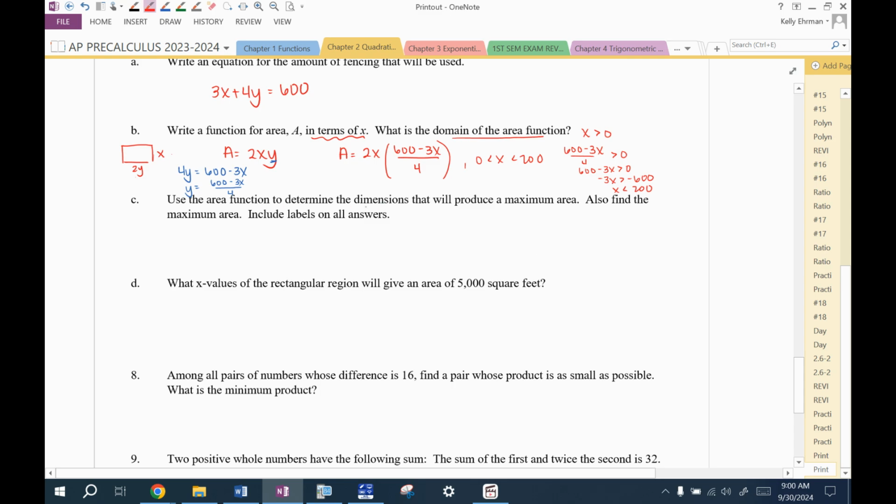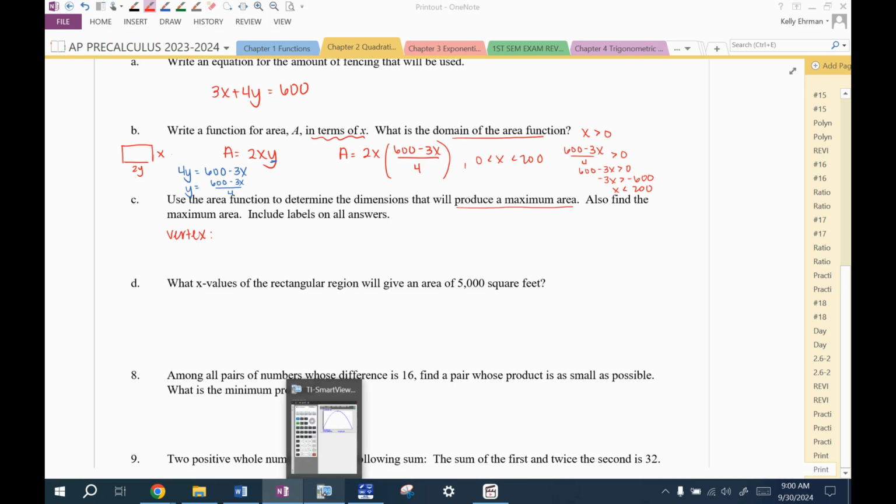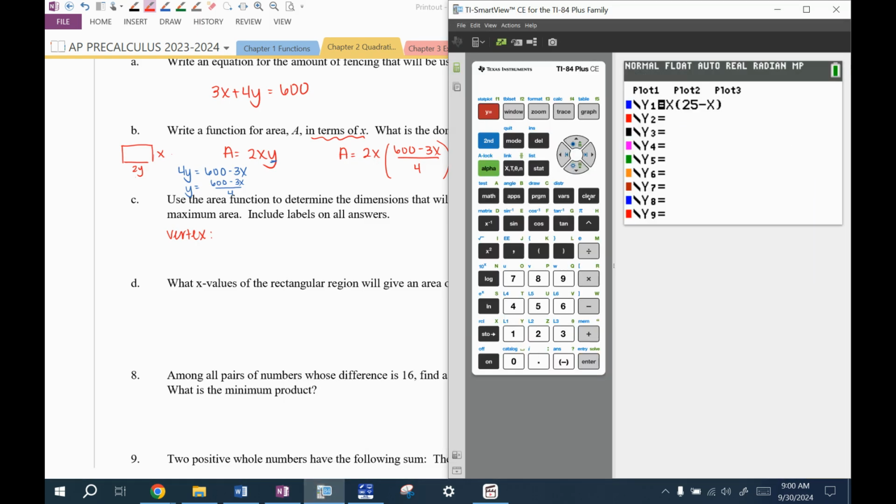Use the area function to determine the dimensions that will produce a maximum area. So find the vertex. Now, you could algebraically find the vertex, or it's probably faster, and you want to get comfortable with this anyway, it's probably faster just to use the calculator. So 2x times, now be careful how you type this in. You can use alpha y equals to get a fraction in here. Try that again.